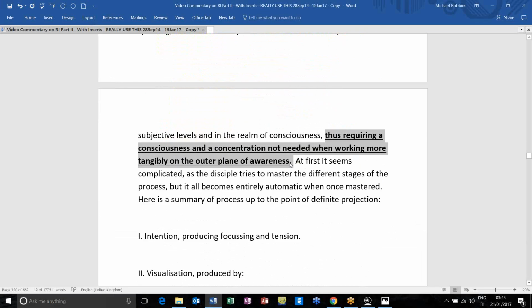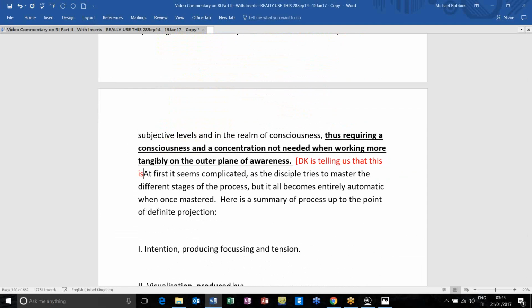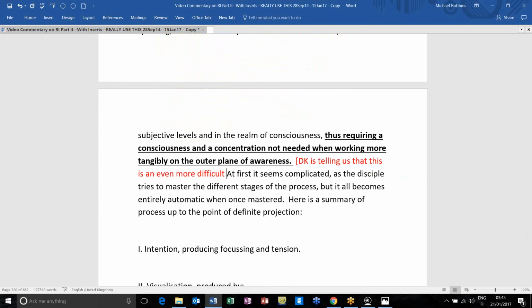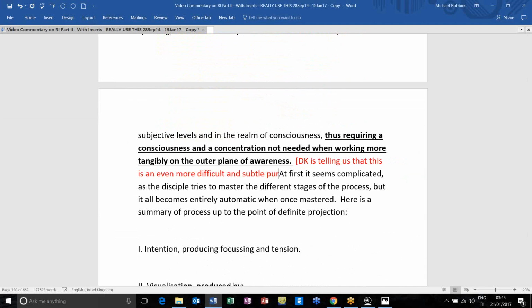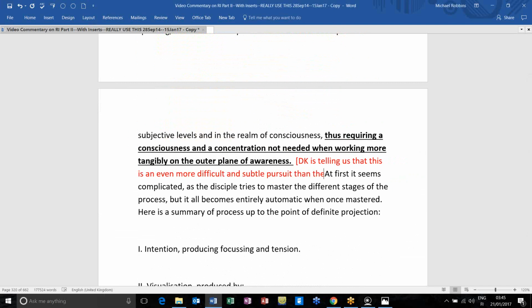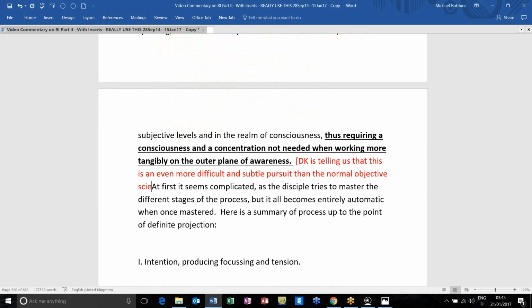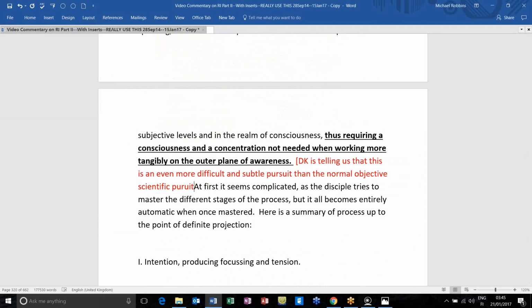So in a way, DK is telling us that this is an even more difficult and subtle pursuit than the normal objective scientific pursuits.